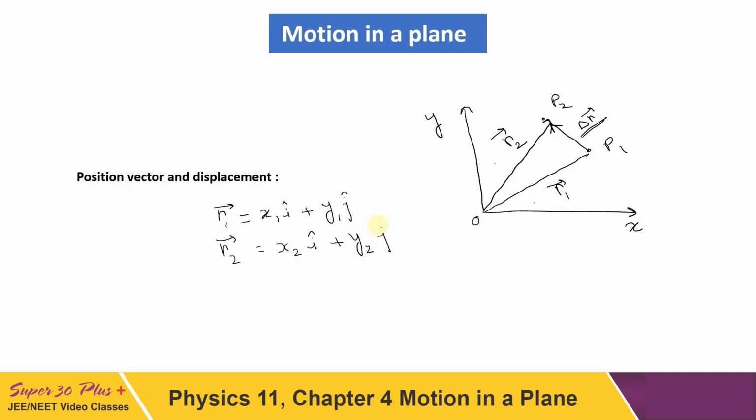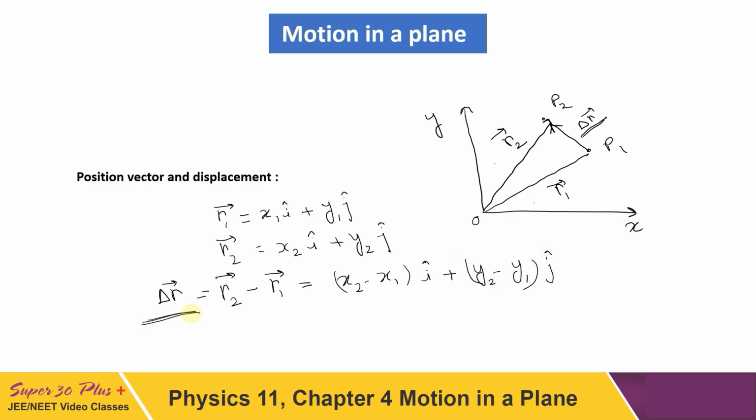So if we are interested in final position minus initial position, that is the displacement vector r2 minus r1. This is delta r. It can be written as (x2 minus x1) i plus (y2 minus y1) j. So this is how displacement vector can be written in rectangular component form.